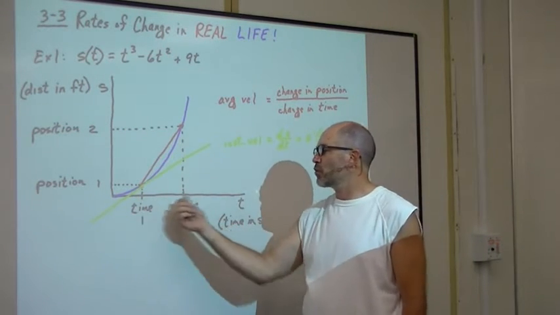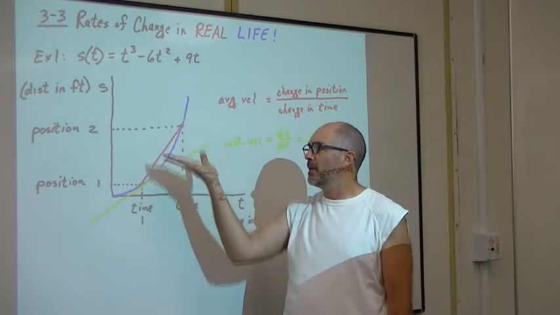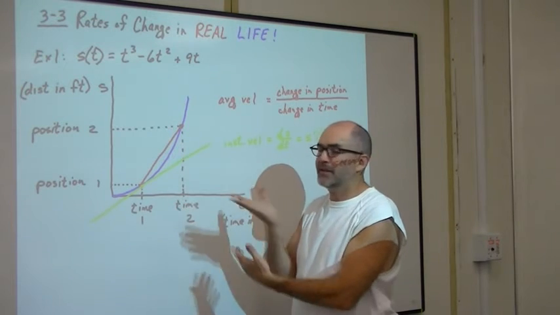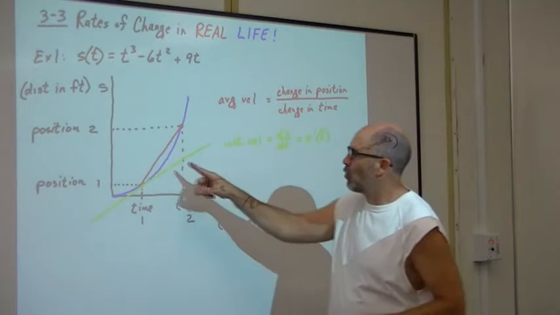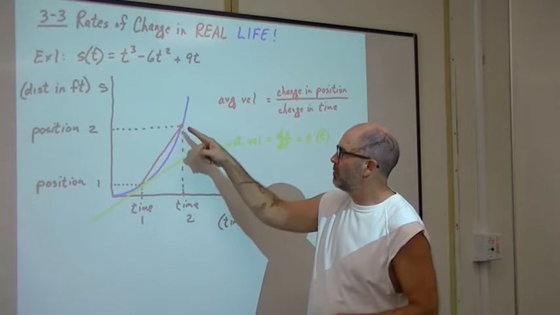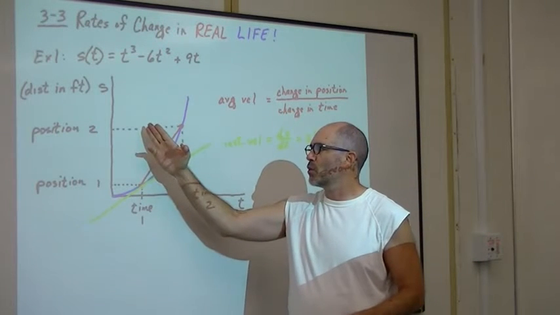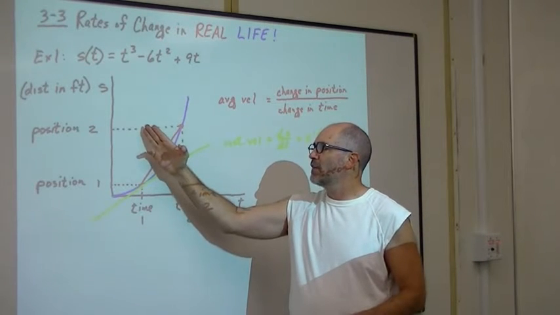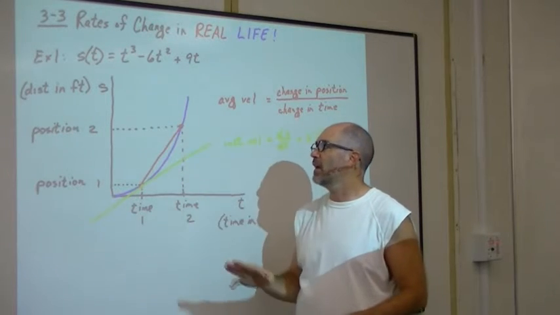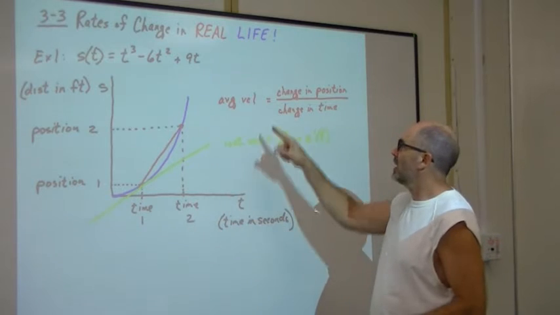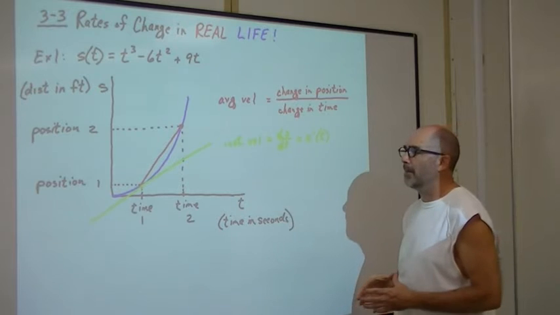As I go to the right, time is going forward, and as I go up, the position of the particle is moving. Now, if I take the slope between position 1 and position 2, what I have is how far the particle is going, rise, divided by how much time it is taking to move, that's run. So rise over run is velocity, change in position divided by change in time.